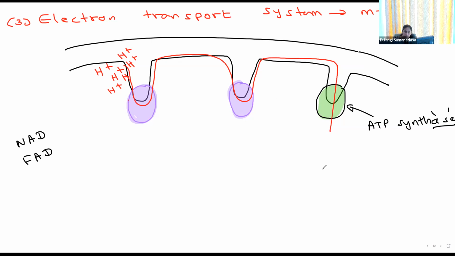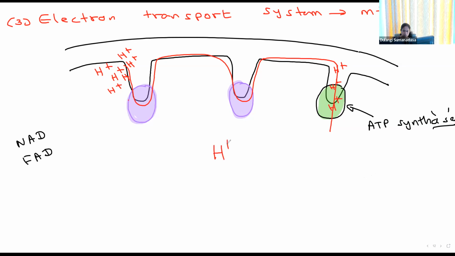Right? So the last point is through the cytochromes, and finally the flow of high energy protons went through the ATP synthase. All these high energy protons are going to go through.